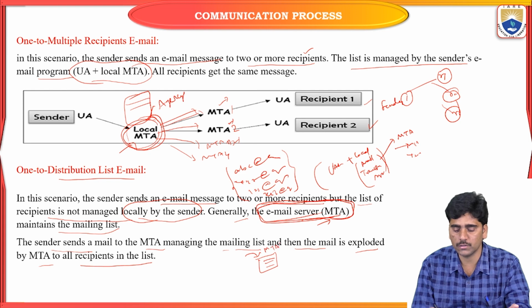Now the mail is exploded, each and every one, to all the recipients in the list. So each and every mail gets delivered to the recipient's side.